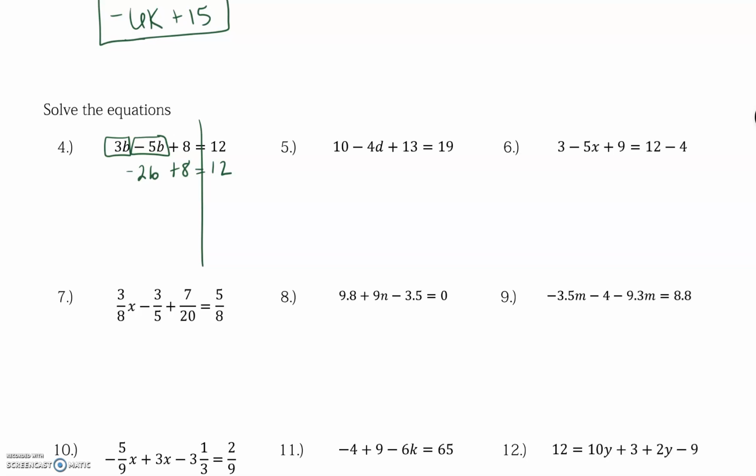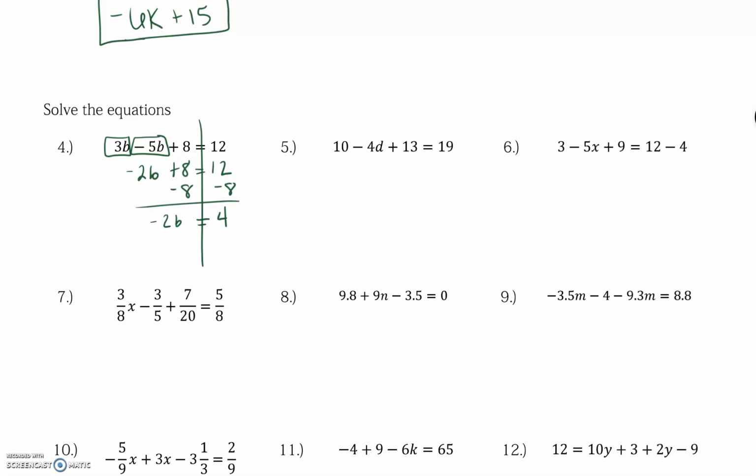Now to get that negative 2b by itself, I need to get rid of the 8. So am I going to add, subtract, multiply, or divide by 8? Right, subtract 8. And 12 minus 8 would be 4.